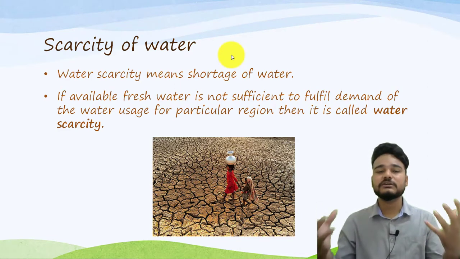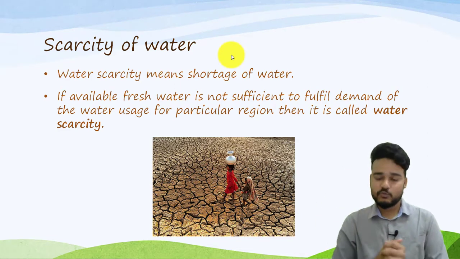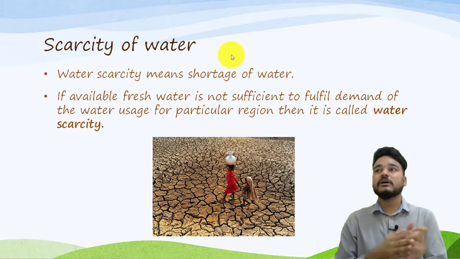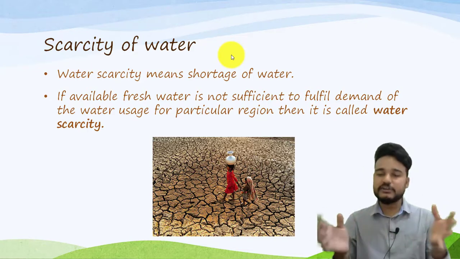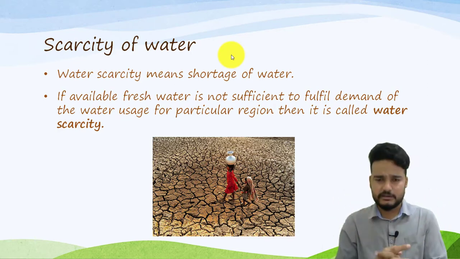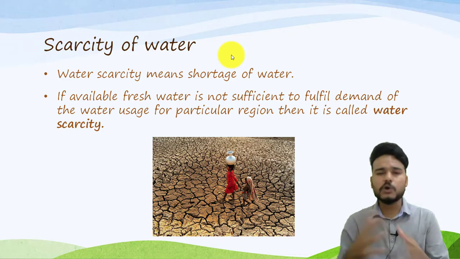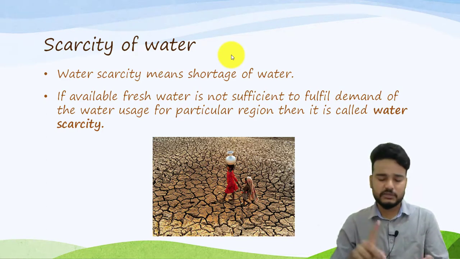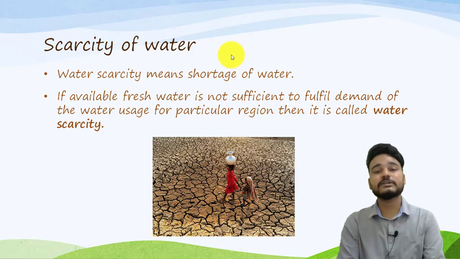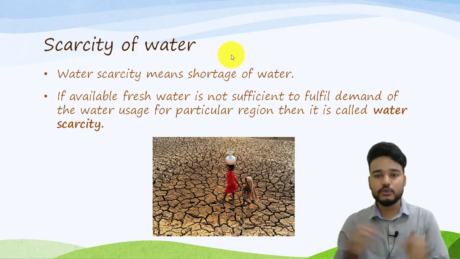Scarcity means shortage of water. और जब just think that you are right now using, suppose, 1000 liters of water every day in your family for drinking, cooking, bathing, cleaning and all that. But suppose आपको वो 1000 लीटर अब हफ्ते के लिए मिल रहा है, so you will start saving your water.